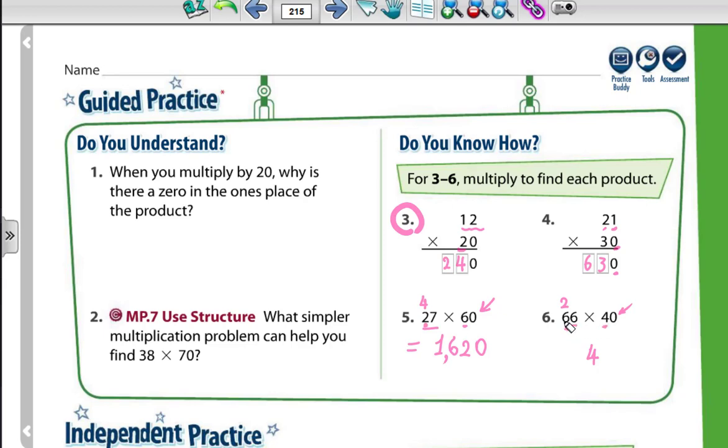So 4 times 6 is 24, 24 plus 2 is 26. How many zeros do we have? 1. Okay, so the product is 2640. Great, thank you, my hero.